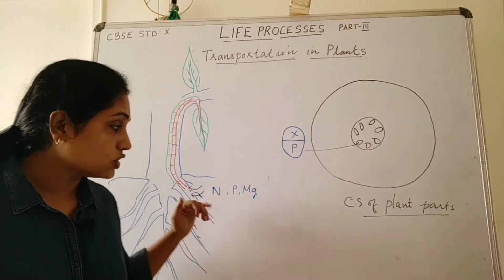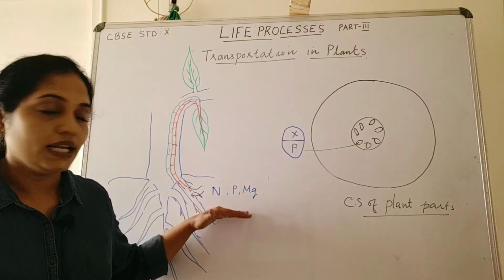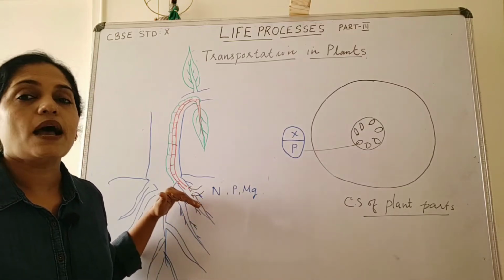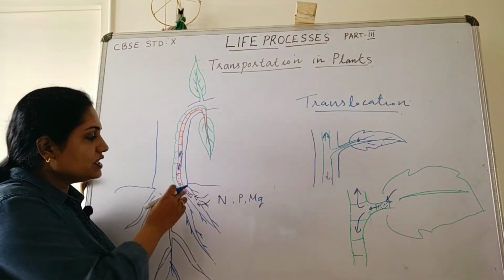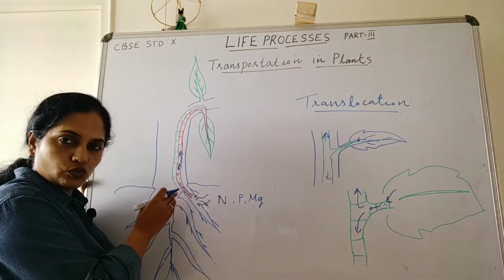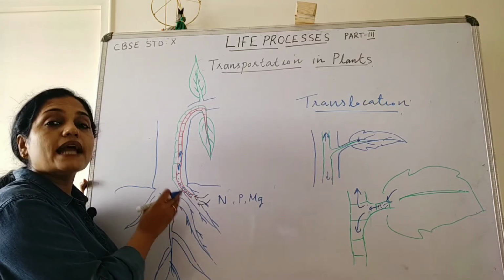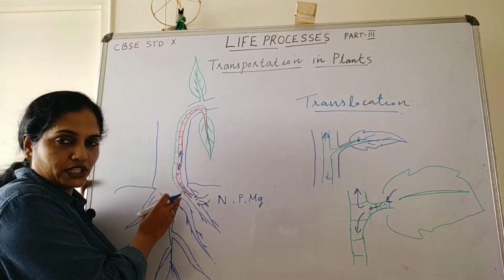The concentration of water molecules is higher in the outer soil than in the cells inside the root. The xylem cell, which is located near the region of absorption, receives water. It creates an imbalance, or an osmotic pressure, there.